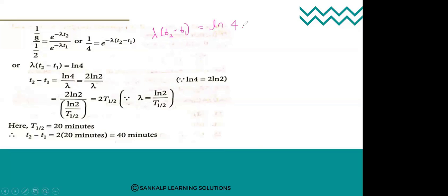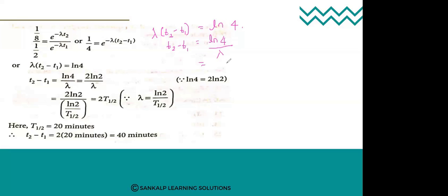Since it is 1 by 4, if you interchange, we are eliminating the minus sign by rearranging the terms like this. Therefore t2 minus t1 is equal to, students, ln of 4 divided by lambda.